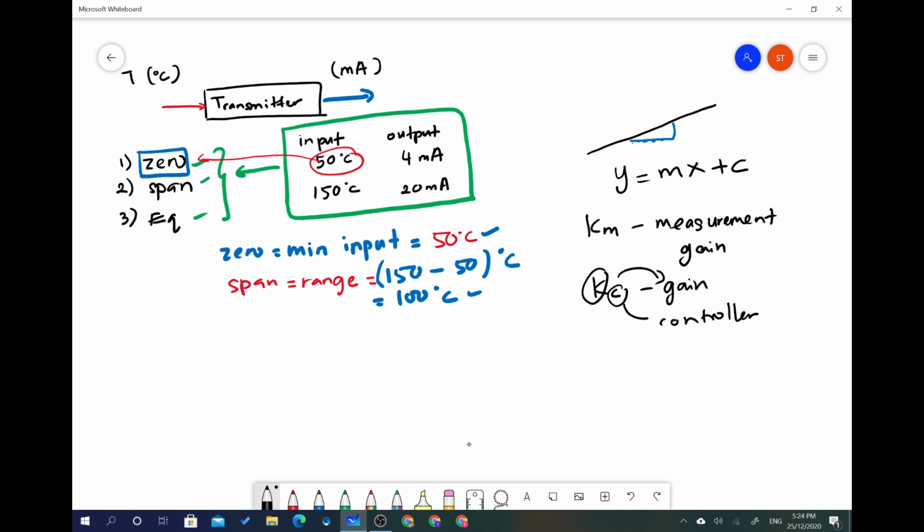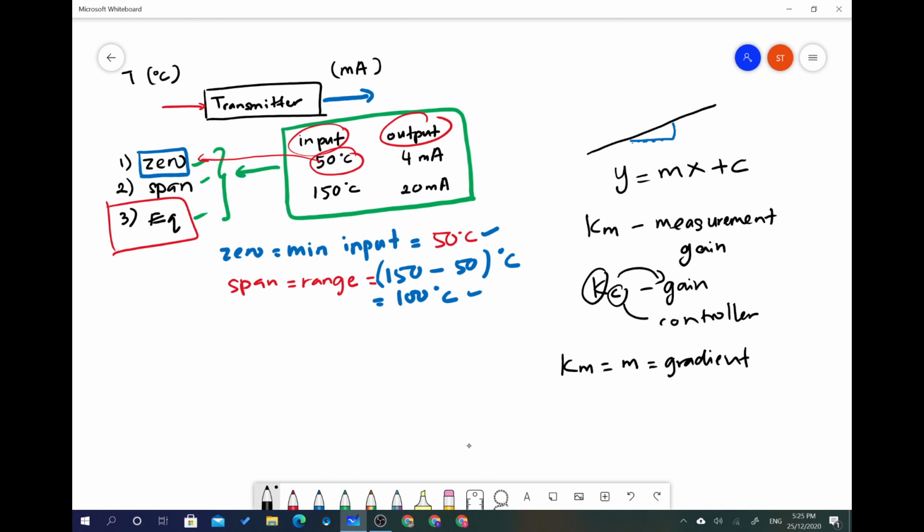But here we want to solve for number 3, which is the equation that relates input and output. In this case, don't get confused when I'm changing the color. The value of Km is equal to the value of m, which is equal to the gradient.